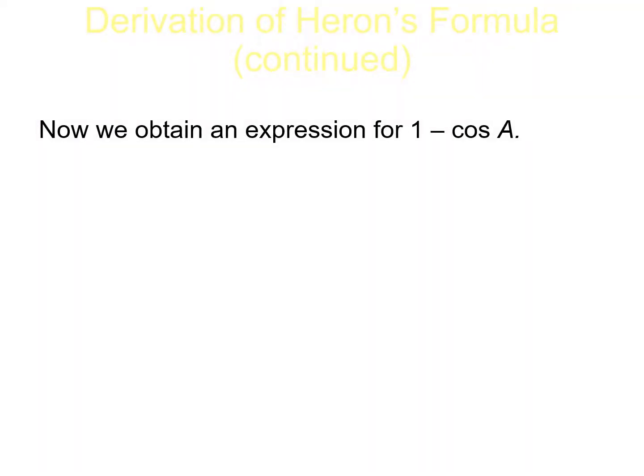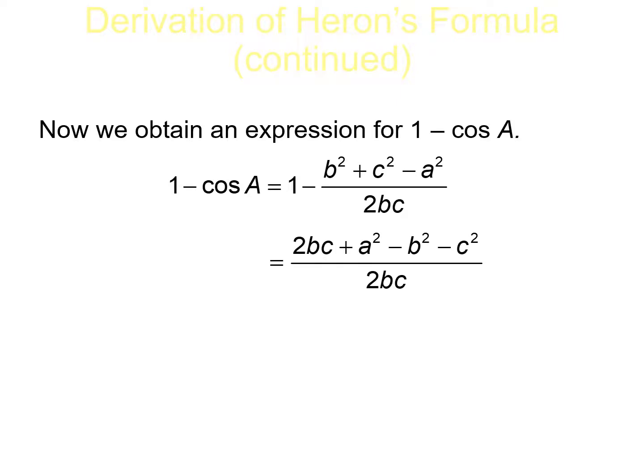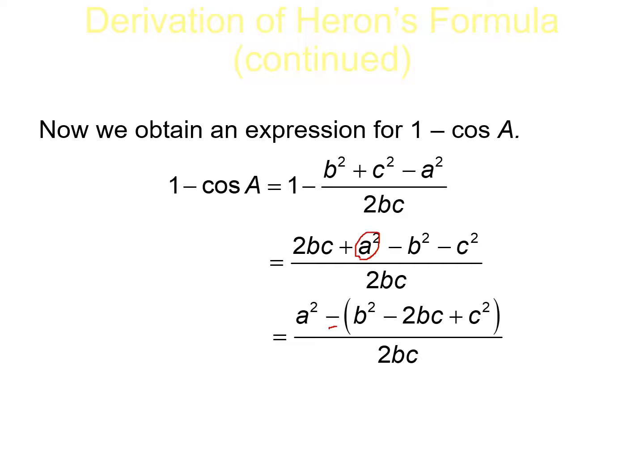Now, let's get the expression 1 minus cosine of A. 1 minus cosine of A is 1 minus b squared plus c squared minus a squared over 2bc. Let's get a common denominator and bring the a squared to the front and then subtract everything else.